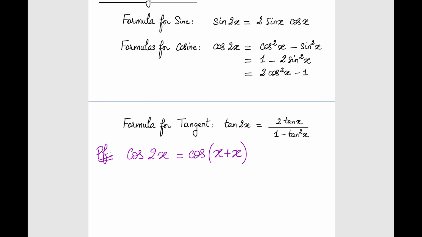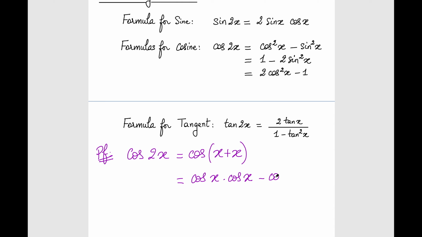Cosine acting at twice x is the same as cosine acting at x plus x. And from the previous section, we know that cosine of a sum is equal to cosine of one of them, so x, times cosine of the other, which is also x, right?